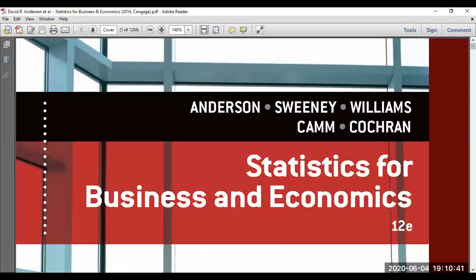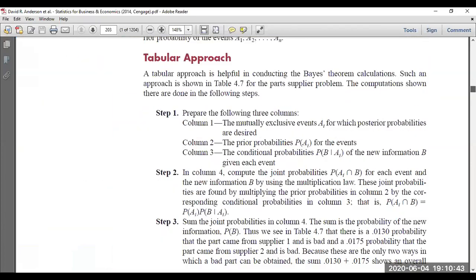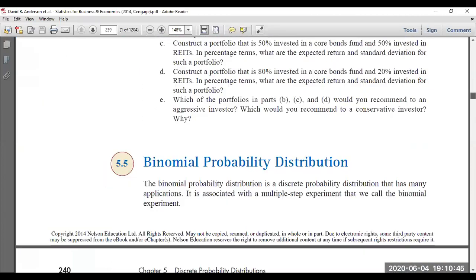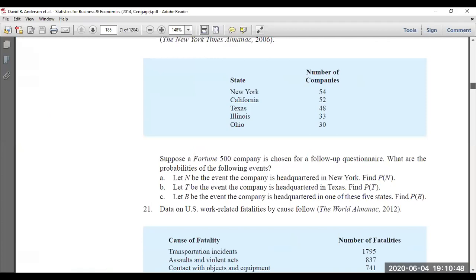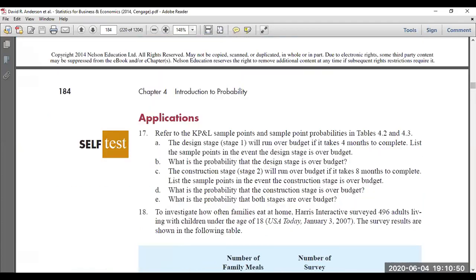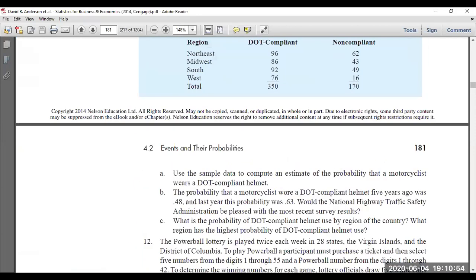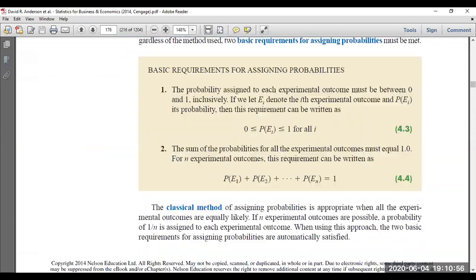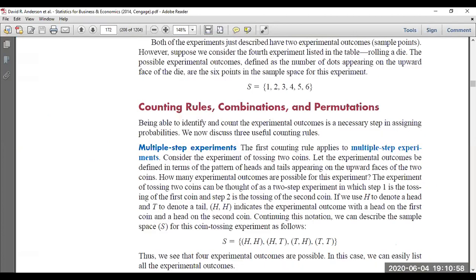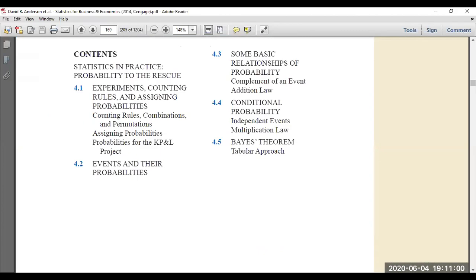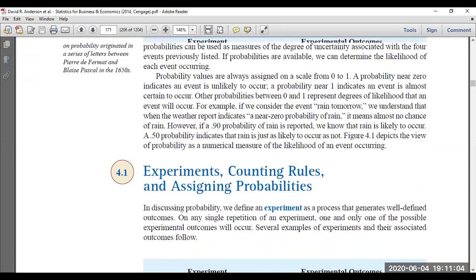Now I'm on chapter number 4. I gave you the basic concepts. So let's quickly do a few problems there. Let me drag it back to the main page. So section 4.1 I was discussing with you.